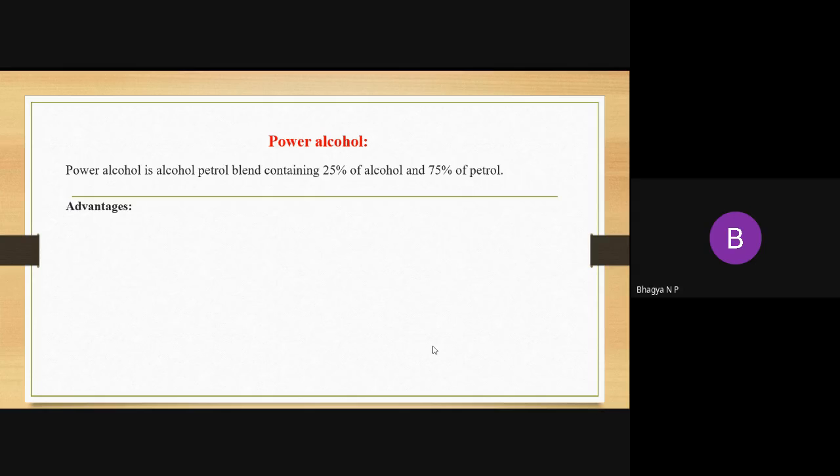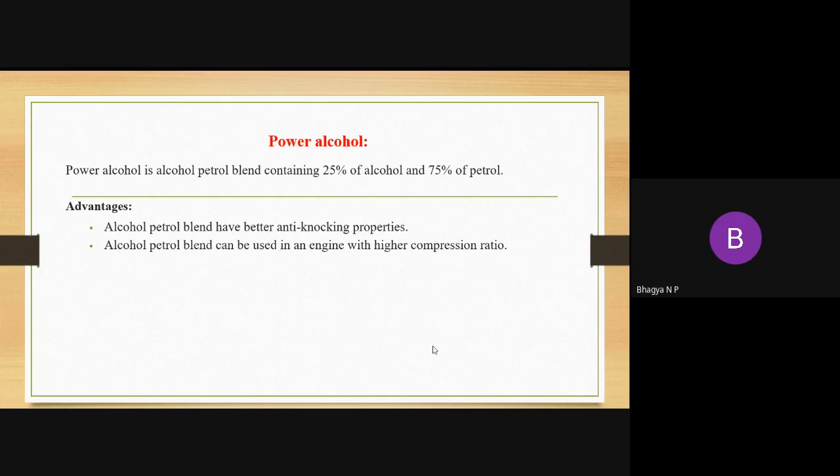What are the advantages of this power alcohol? Because of the presence of alcohol, it has better anti-knocking properties. Means because of the presence of alcohol, it reduces the knocking tendency of the petrol.